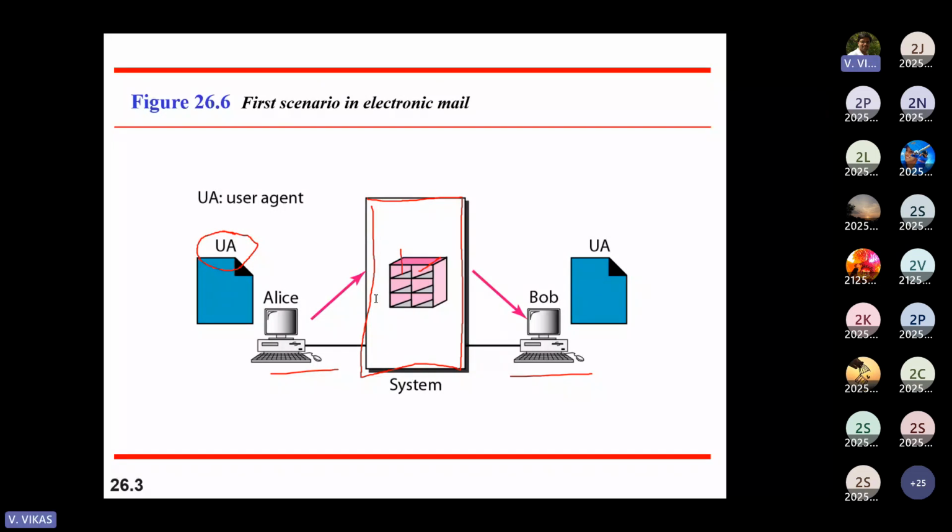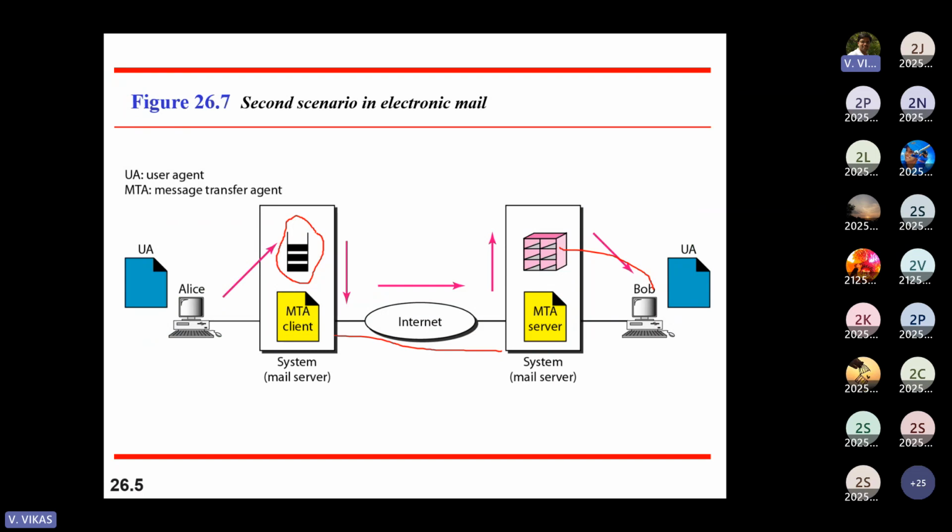This is the case we see with most client server programs on the internet. Whenever the client has some information, it tries to send it to the server. In this case, as we said, we are going to require two user agents and a pair of message transfer agents. That is what we are considering in the second case.